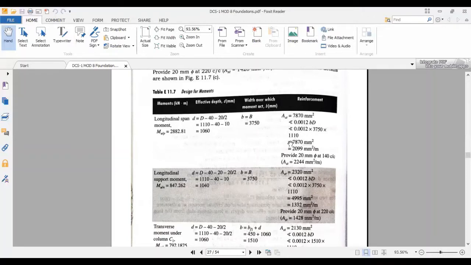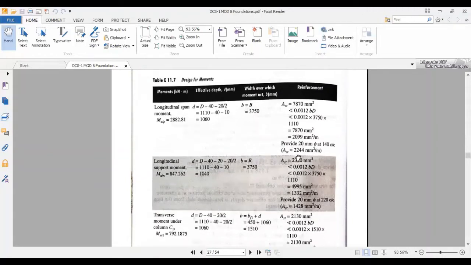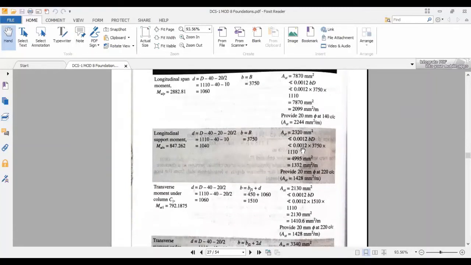So this will be 2099 mm square per meter. So we'll provide 20 mm dia bars at 140 mm center to center spacing, and it gives actual area of steel as 2244 mm square per meter.